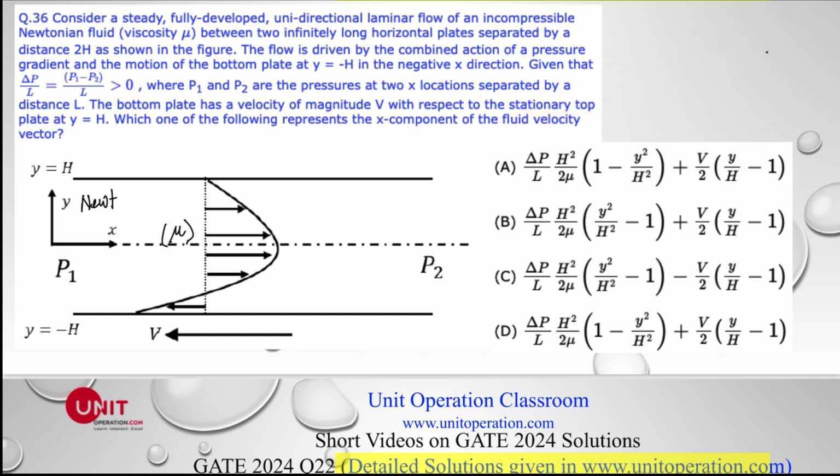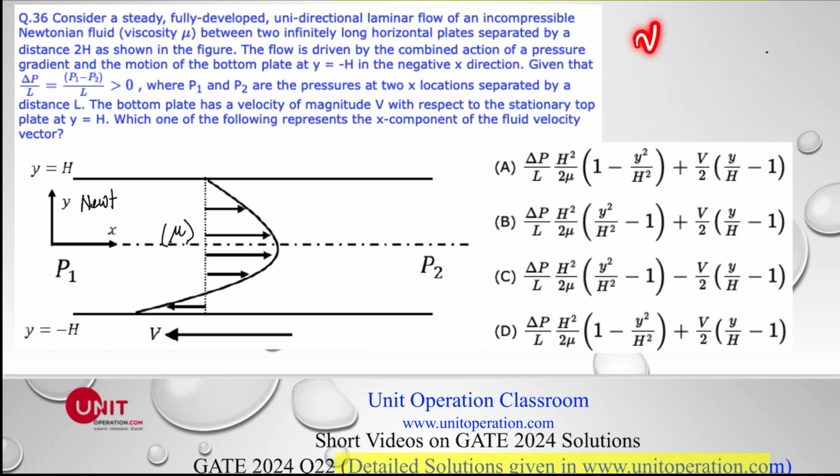Now let's see what happens at y is equal to negative of h, which is this one here. If we take negative of h here, of course, negative of h whole square, and this term would be equal to 0, but this one would be v over 2 divided by negative of 2. So these two cancel out.